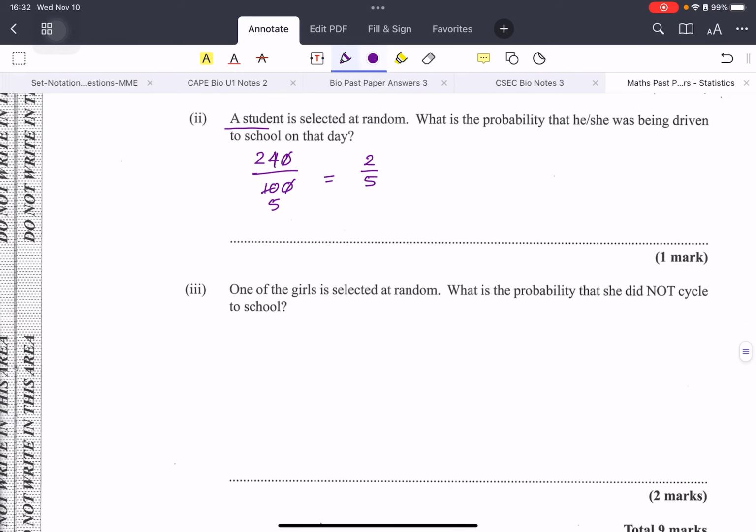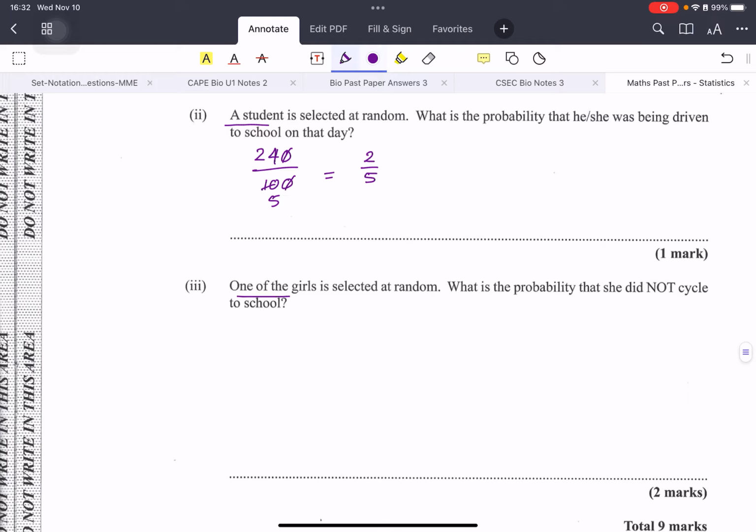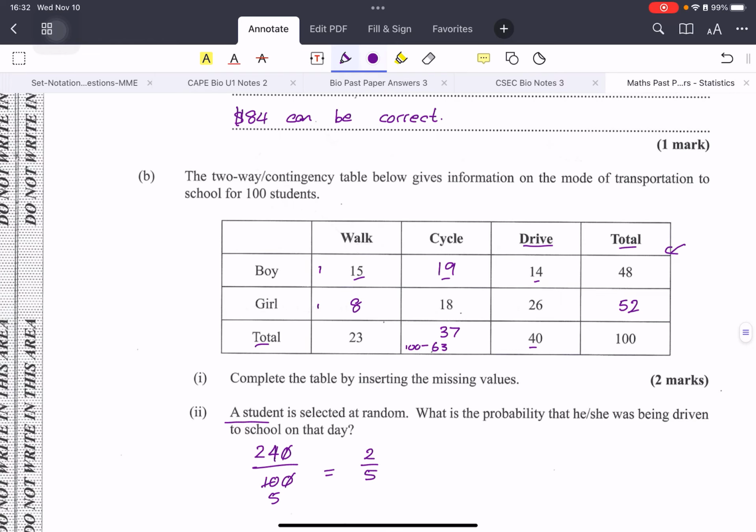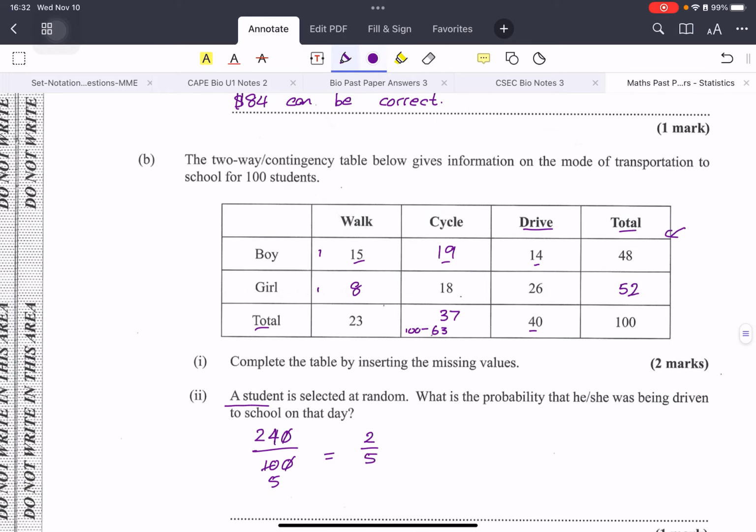The next question asked, one of the girls is selected at random. So it's not 100 anymore. There's only 52 girls. What is the probability that she did not cycle to school? So we know it's going to be out of 52 already. And how many girls cycle? 18. But we want to know how many girls did not. So we simply need to find the girls who walk and the girls who drive.